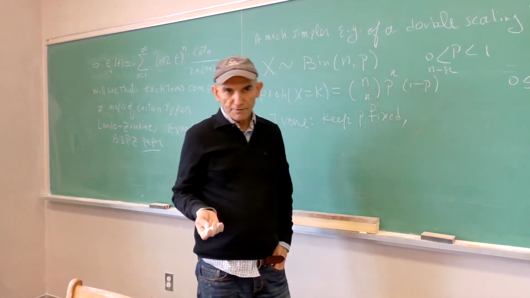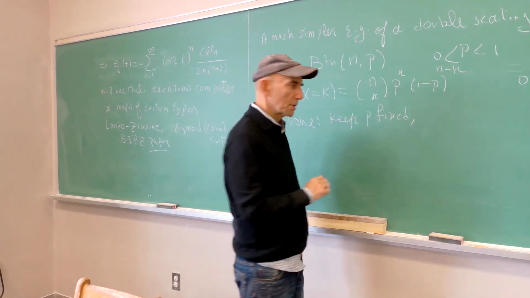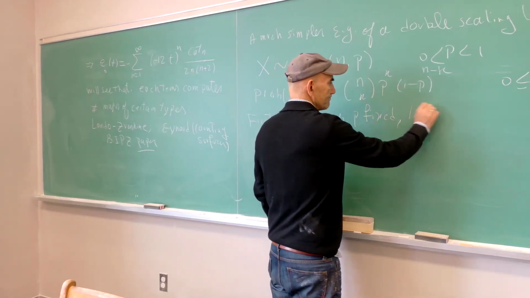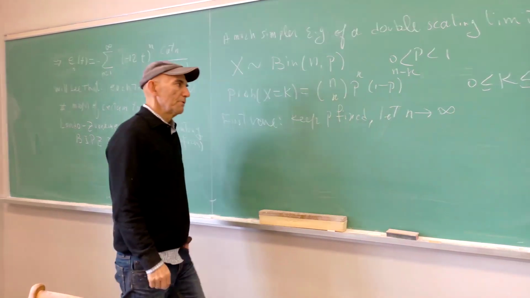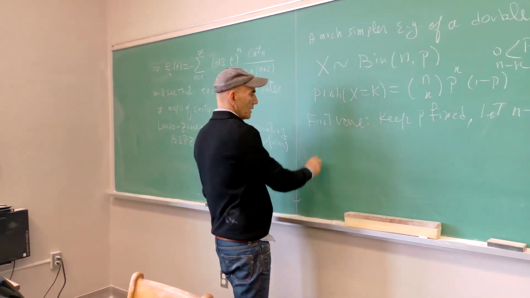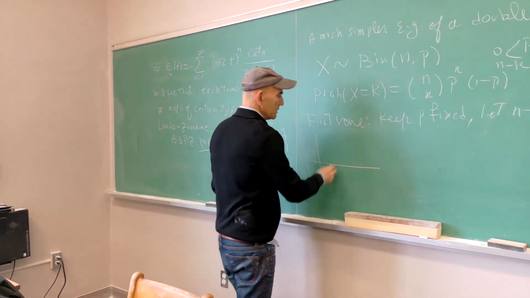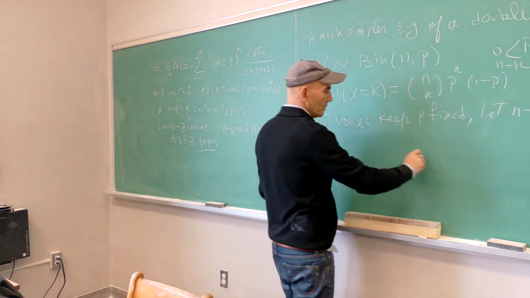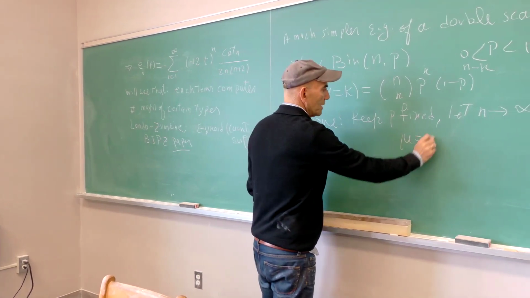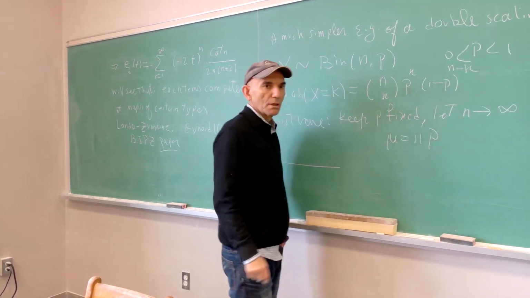And then let N go to infinity. We do that. If you look at this, the distribution of this thing, the mean value of this random variable mu is NP, right?